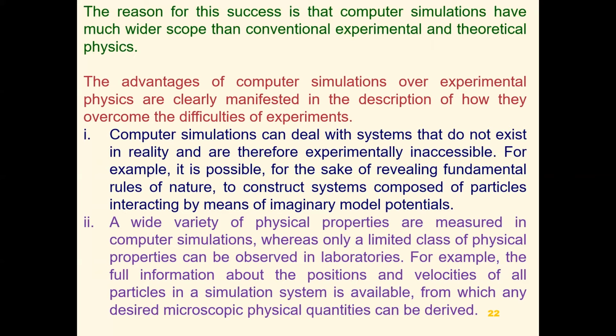Second, a wide variety of physical properties are measured in computer simulations, whereas only a limited class of physical properties can be observed in laboratories. For example, full information about the positions and velocities of all the particles in a simulation system is available, from which any desired microscopic physical quantities can be derived.